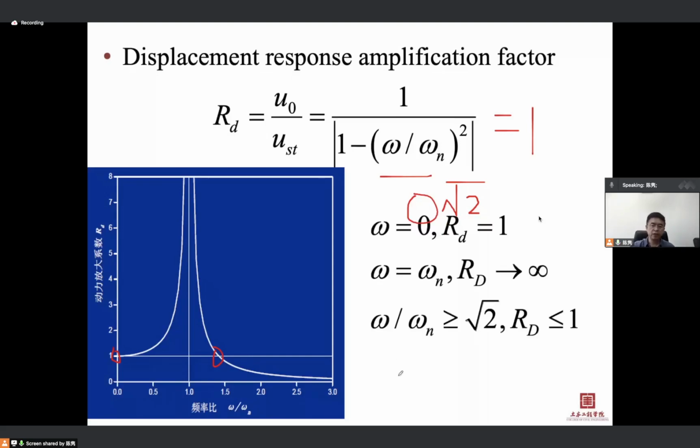Which means when beta is larger than this value, RD will be smaller than 1. So this gives you many interesting things when you design a structure subjected to harmonic loading. This curve, this so-called dynamic amplification factor curve, is very important.